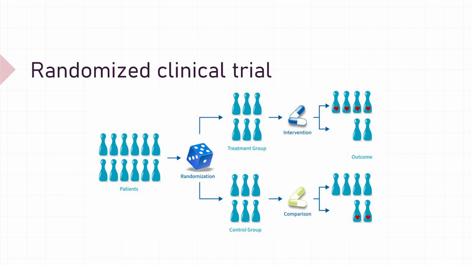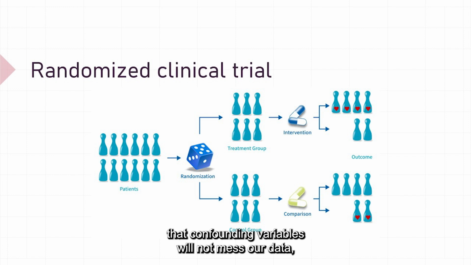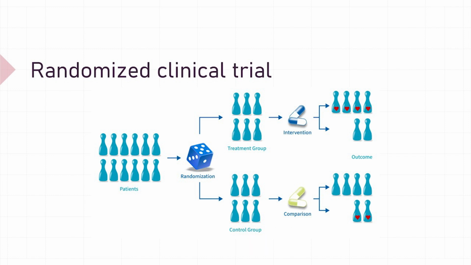To be sure that confounding variables will not mess up our data, we would randomly assign them to a treatment and a control group. Both groups will be tested on their anxiety levels on, for example, spiders. After that, the experimental group would receive a new treatment, our new invention, an anti-anxiety training, and the control group would receive nothing.